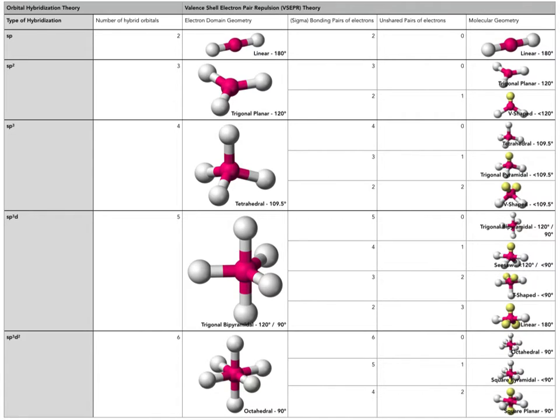Although this may seem like a lot of information, once you understand the context, this becomes distinctly logical. sp hybridization will always result in an electron geometry of linear, or 180-degree bond angles. sp2 will always result in electron geometry of trigonal planar, or 120-degree bond angles. sp3 will always result in electron geometry of tetrahedral, or 109.5-degree bond angles, and so on.